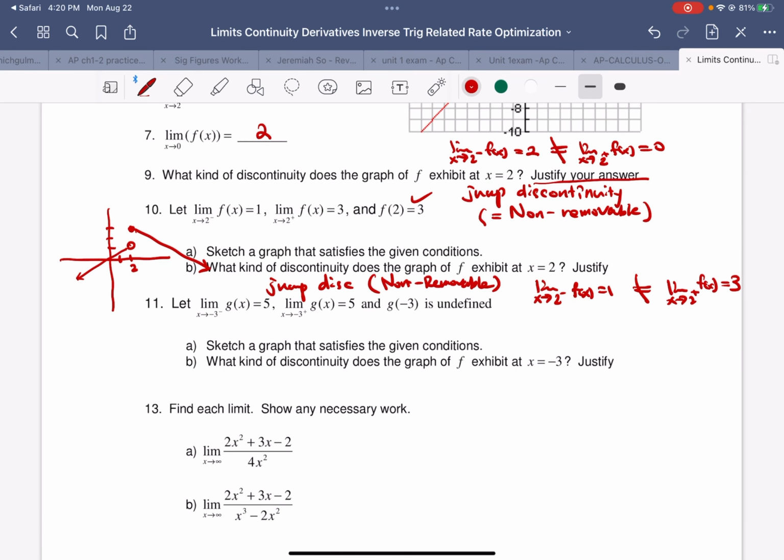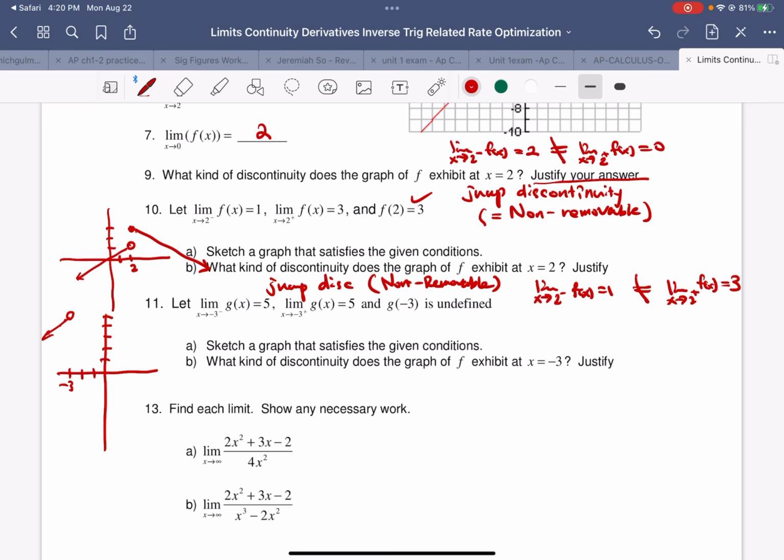Now, next one, number 11, let's do one more here. So when x approaches -3 here, the left hand side limit is 5, 1, 2, 3, 4, 5. So you can say like here, like that.